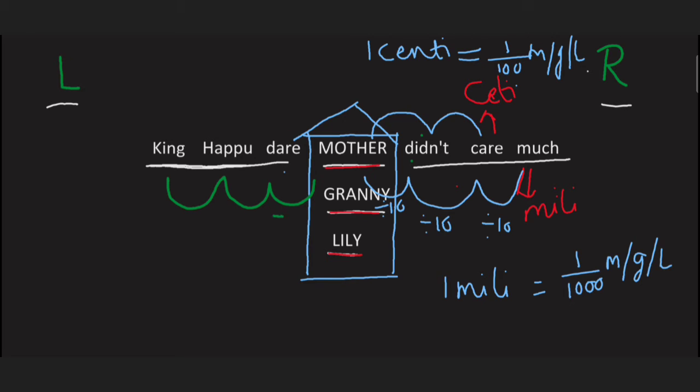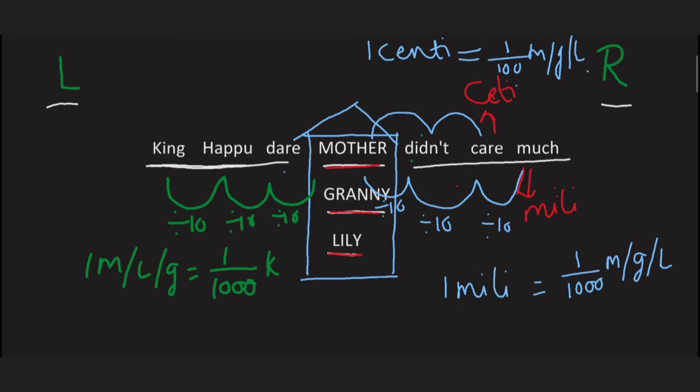So each hop we are going to divide it by 10. So 1 meter, liter or gram is equal to 1 upon 1000 times kilo. It can be kilometer, kiloliter or kilogram.